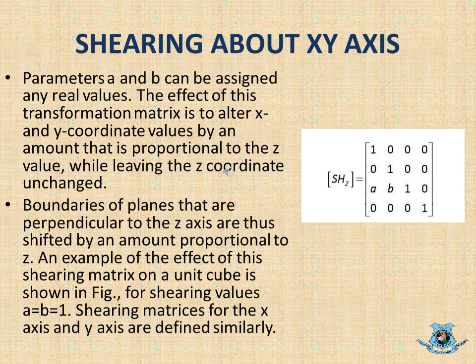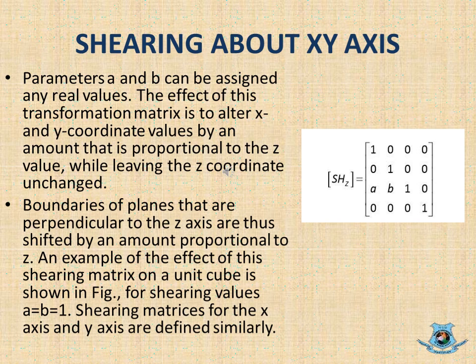So in the 3D dimension we can also shear about the xy axis. The parameters a and b can be assigned any real values. The effect of this transformation matrix is to alter the x and y coordinate values by an amount that is proportional to the z value while leaving the z coordinate unchanged.